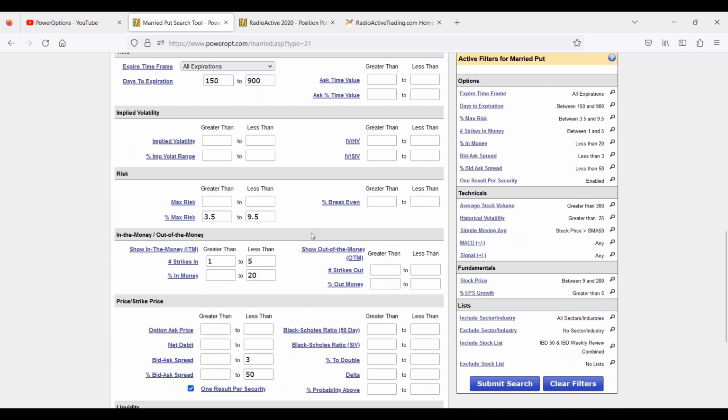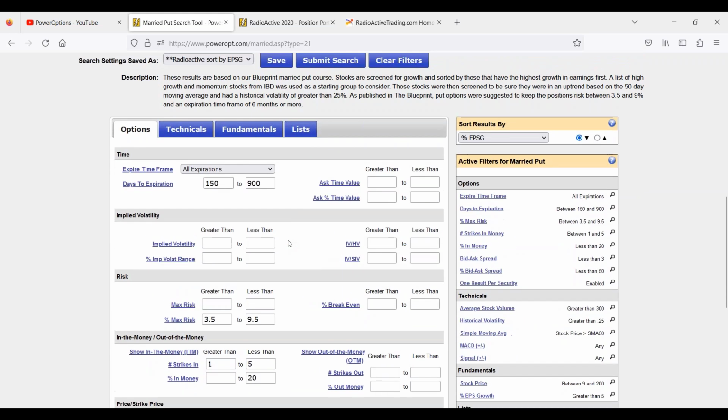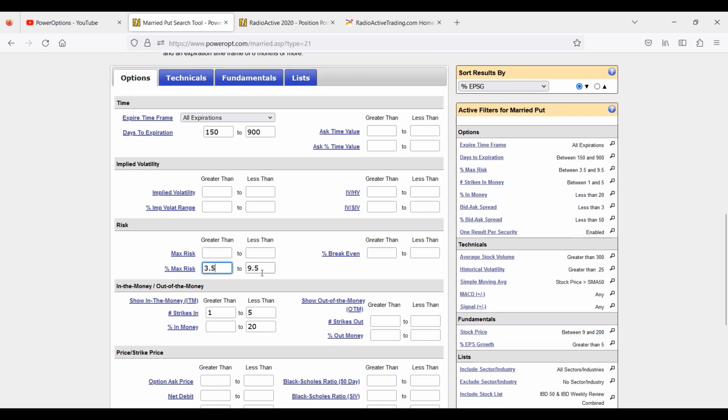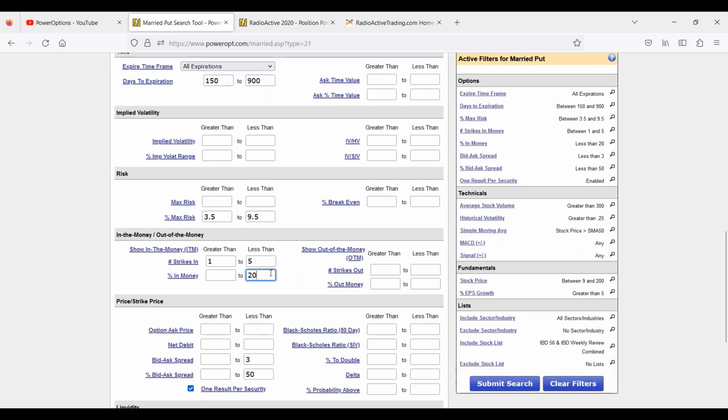Of all the criteria available in the searches for the base option criteria, following the rules in the blueprint, we're looking to buy puts against our preferred stocks with other stock criteria involved, technicals and fundamentals. The puts are at least 150 days out in time. The risk is between 3.5% to 9.5%. I usually change that to about 7.5% or 8% to meet my target goals. And we don't want to go more than 20% in the money.